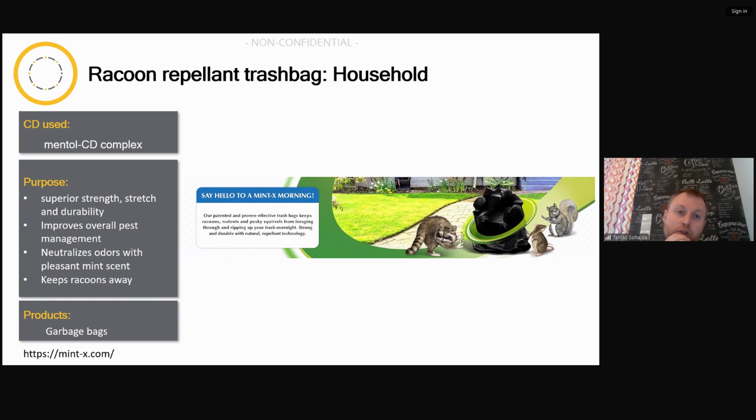And the advantage is, of course, that it will have a controlled release of the mint, which is, for instance, for one, masking the odor of the trash, which is already good. But mint is a natural repellent of raccoons. So the second advantage is that it will not be torn apart by different kinds of animals while waiting on the street to get carried away.